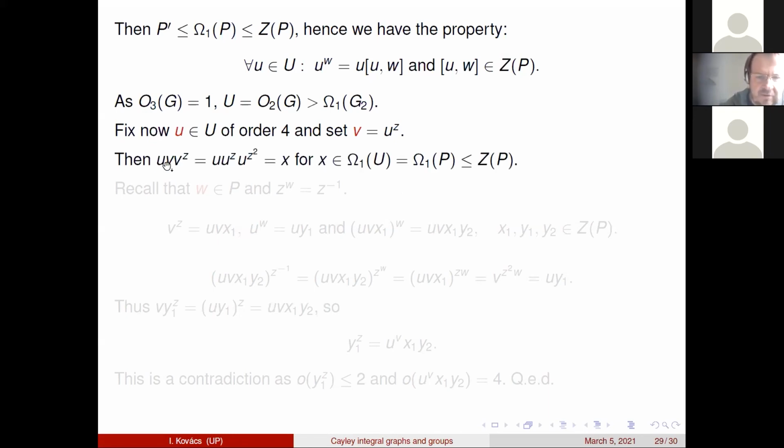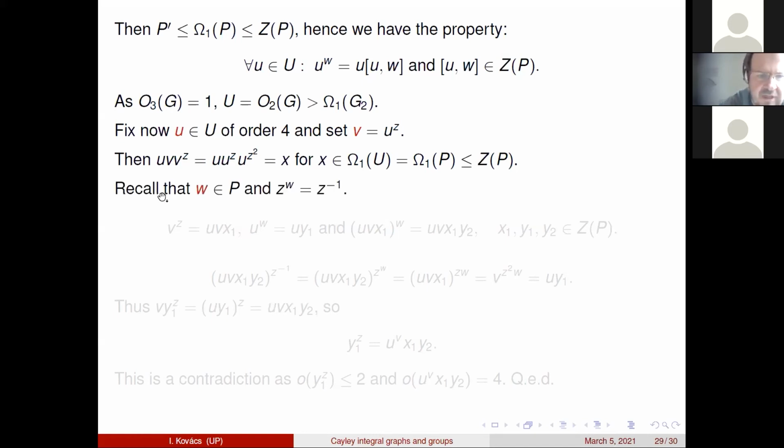Okay, then one more thing, because we started the contradiction: it's not difficult to show that U times U^Z times U^(Z squared) is equal to some element from this subgroup, which is from the center. By this notation, this is just V, and this is just V to the Z. So in fact, you have this equality.